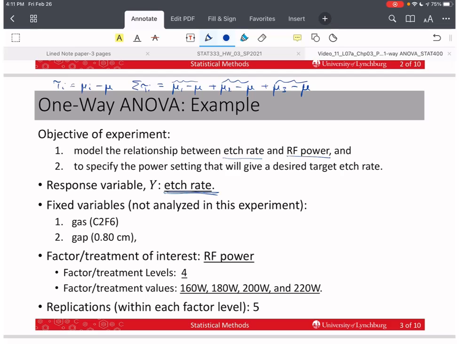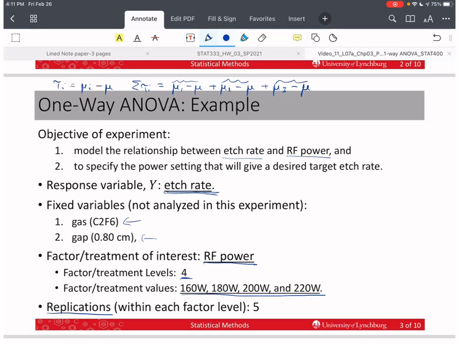We're just going to set them at one value because they're the values we're interested in. This hydrofluoroethane, I think it's called, and then the gap of 0.8, and then our factor, our x values, if you will, or our inputs are the RF power, and there are 4 treatment levels or factor levels. Those four factor levels are 160, 180, 200, and 220 watts.